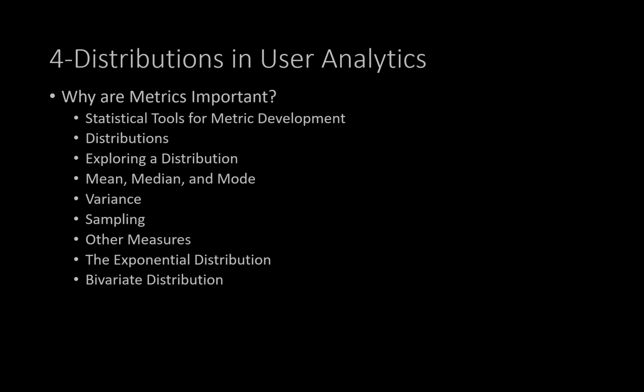Sampling. This is a really important topic. Sampling is taking a subset of data from the full population to estimate some metric about that population. Usually sampling can be done with or without replacement.